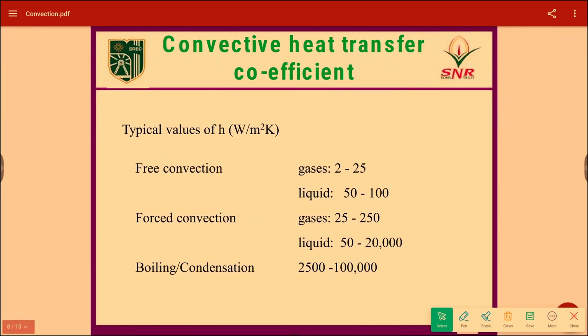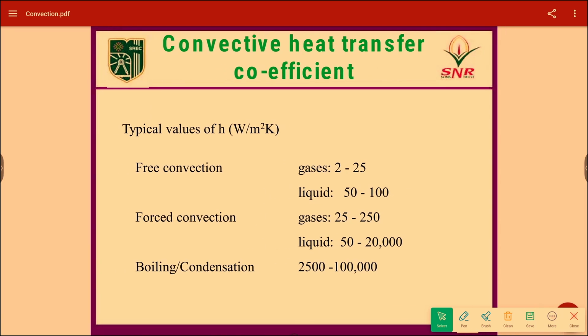Now this slide shows some typical values of convective heat transfer coefficient. It's an interesting slide where you can see that for free convection, the convective heat transfer coefficient for gases is 2 to 25, whereas for liquids it is from 50 to 100 watt per meter square Kelvin.